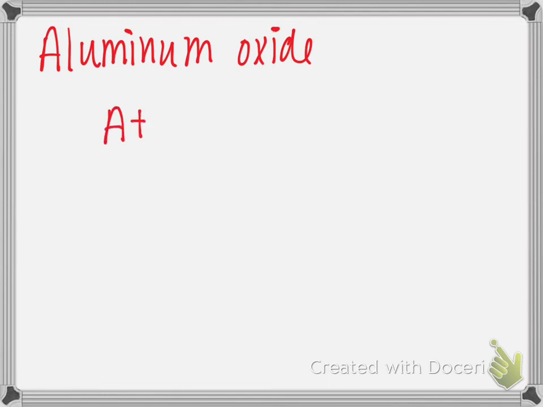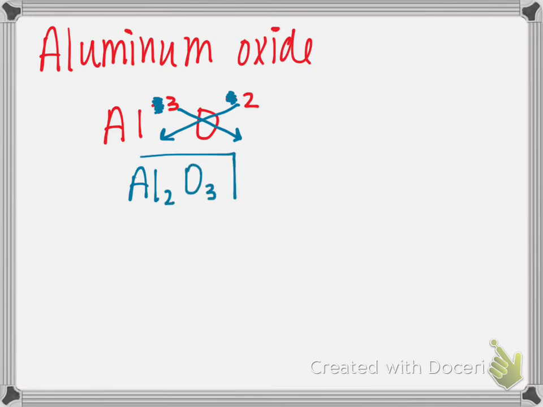It's Al, and it has a charge of +3. And then let's find oxide. It is a -2. So when I crisscross these down, I ignore the plus and the minus for a minute, and I take that charge and I bring it down to a subscript. So Al2O3. There's my chemical formula for aluminum oxide.